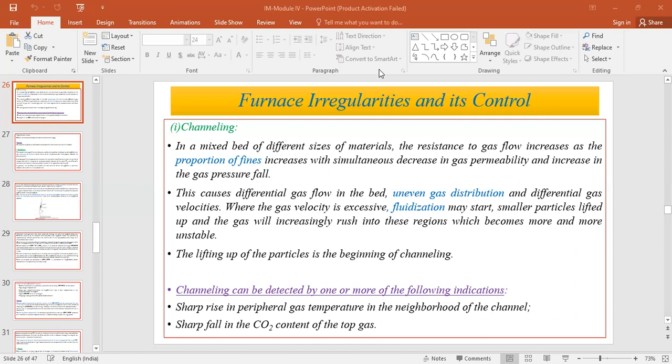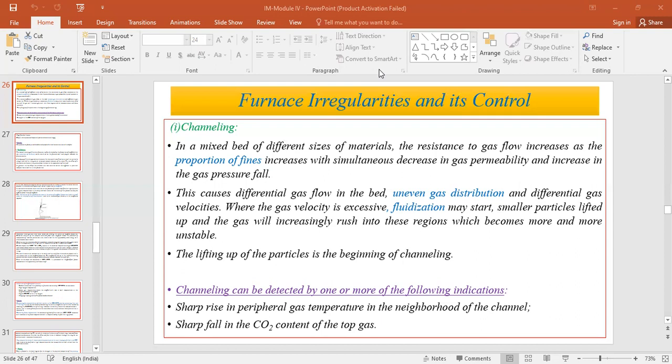So when all these raw materials travel together as a mixed bed of solids inside the blast furnace, a permeable bed will form inside the blast furnace.